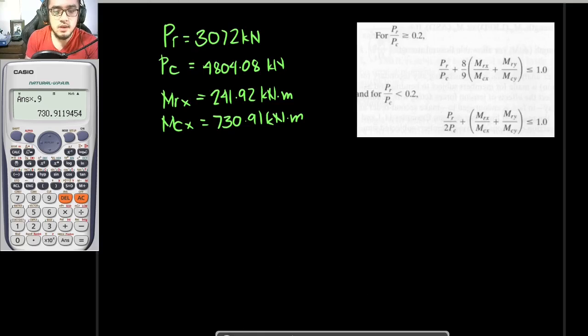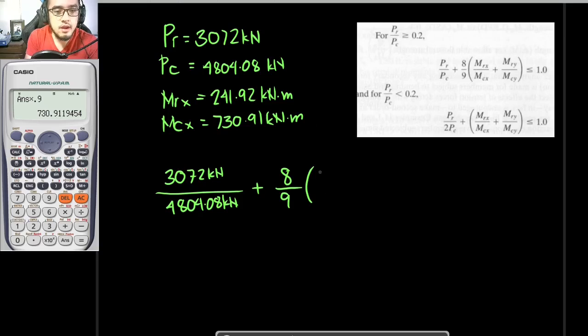Since we would be using this formula right here, substitute ko na agad. 3072 kilonewtons divided by Pc, which is 4804.08 kilonewtons, plus 8/9 times Mrx, which is 241.92 kilonewton meter, divided by 730.91 kilonewton meter.